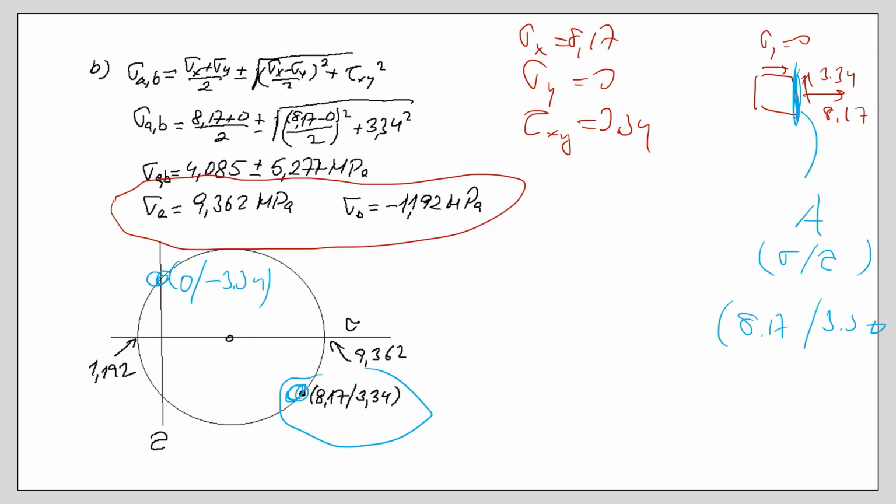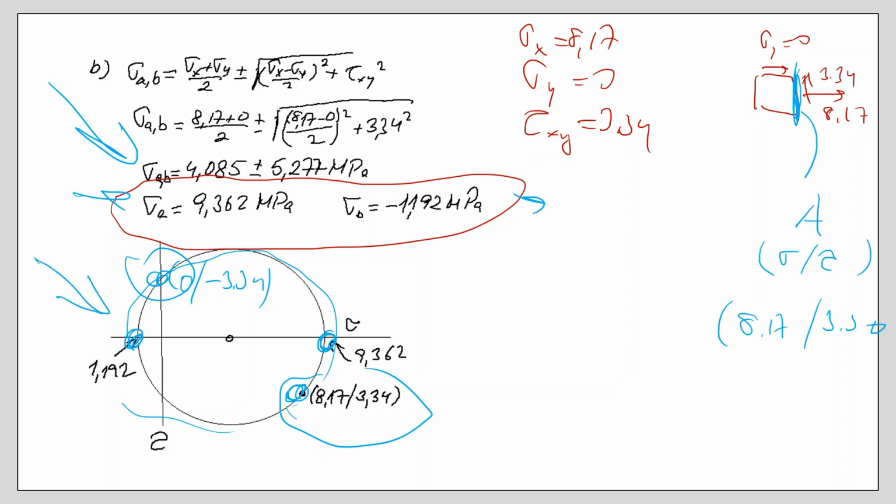So you see, you can draw the Mohr circle, first calculating principal stresses, putting these two values and drawing the Mohr circle and checking these two points, or the other way around. In Mohr or principal stress calculations, you can use formulas and you can use the help of the Mohr circle.